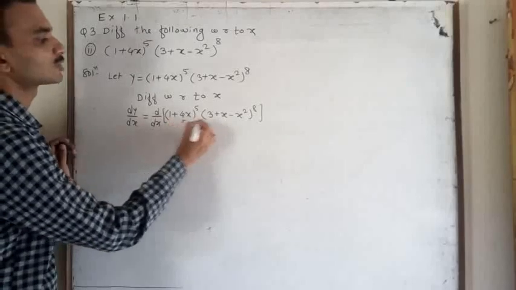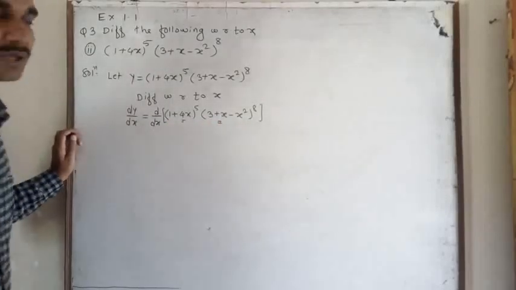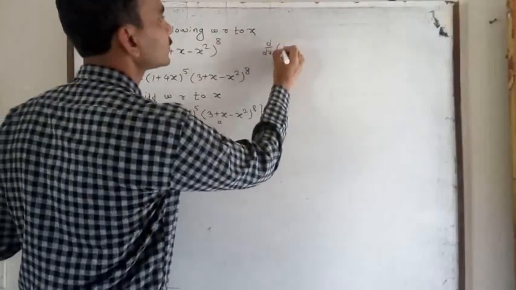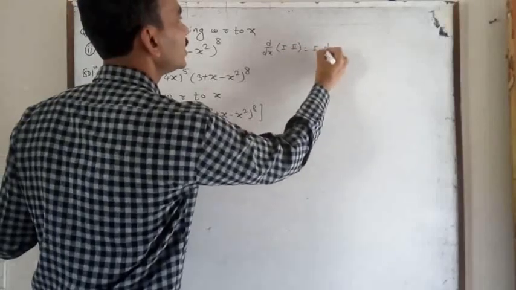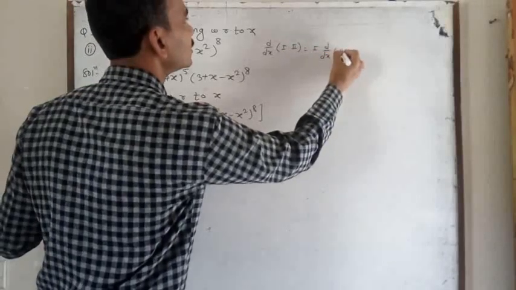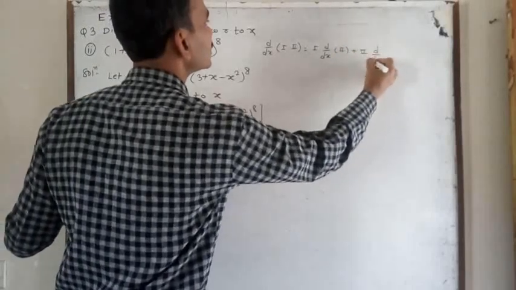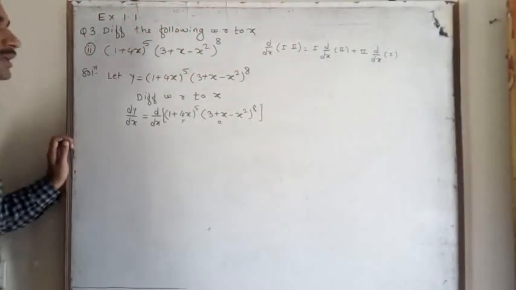Here there is a product of two algebraic functions, so we use the product rule. Our product rule is d/dx of first function into second function: the first function into derivative of second, plus second function into derivative of first. This is our product rule. We apply it here.